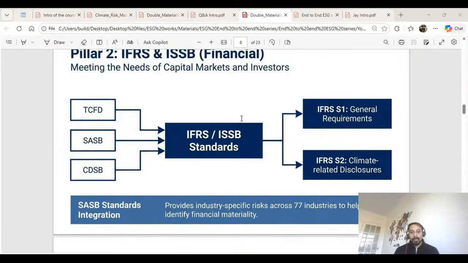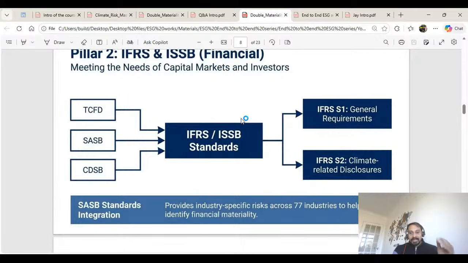So SASB gives the industry-level metrics and standards, and ISSB has developed IFRS S1 and IFRS S2. This helps you understand the issues that affect cash flow, capex, access to finance, or the cost of capital. All these metrics and materiality are seen by investors, and based on that they try to invest in various types of assets or companies.